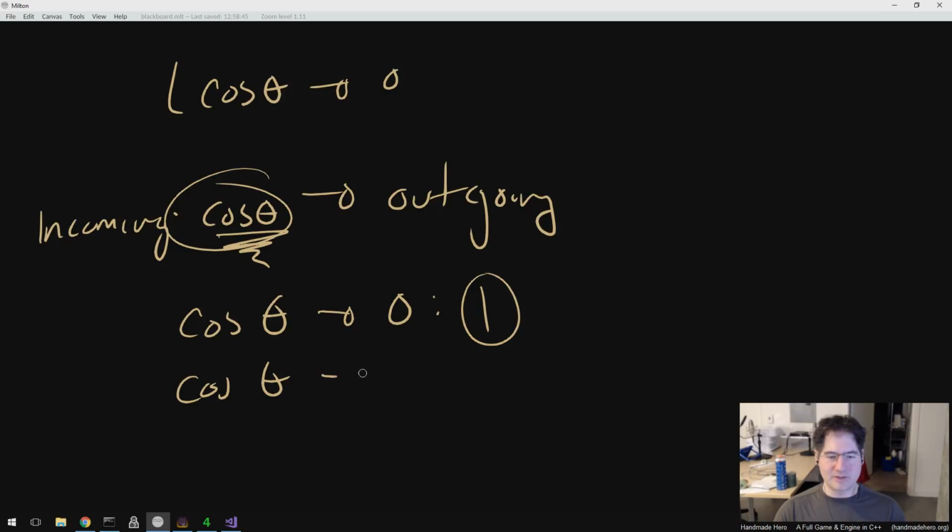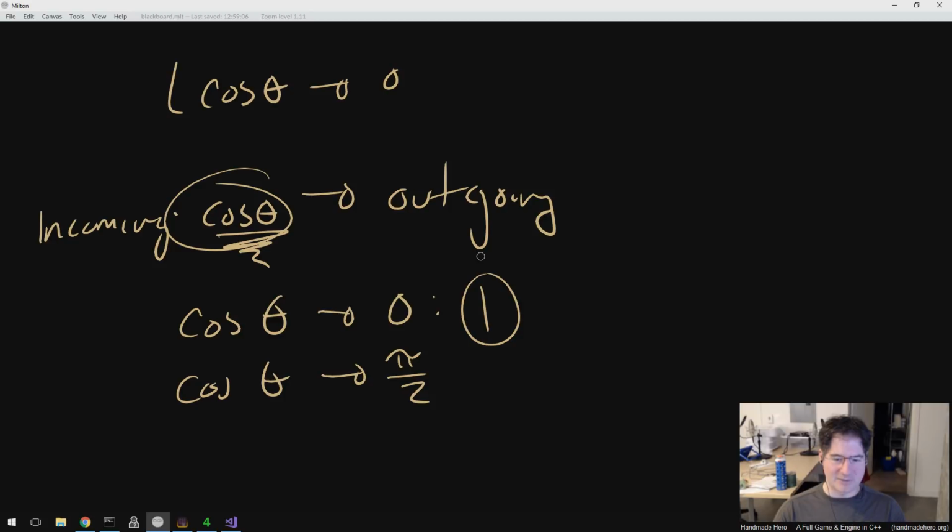If we know that the angle between the incoming light and the normal of the surface, on the other hand, was 90 degrees, or pi over 2, I'm sorry. I almost did tau there.